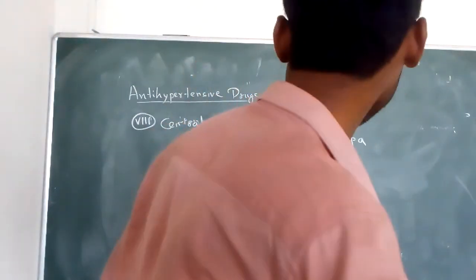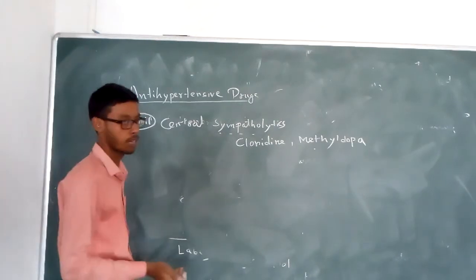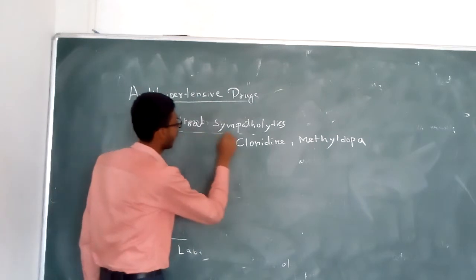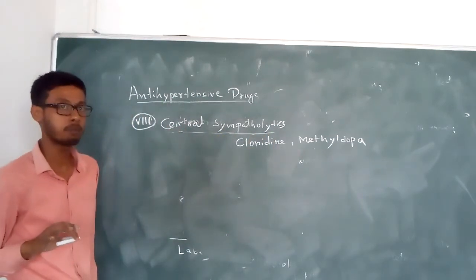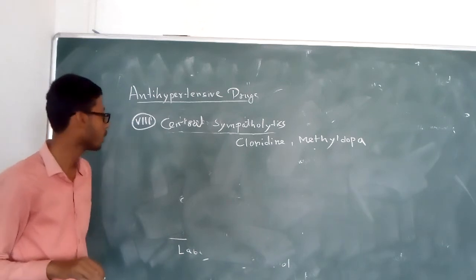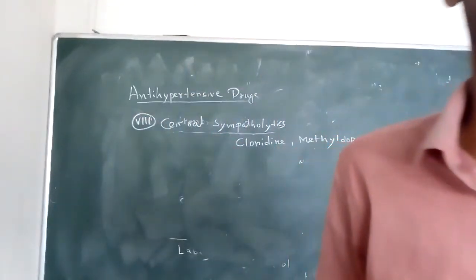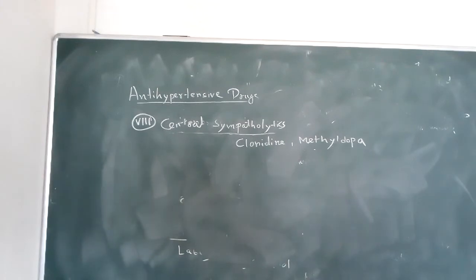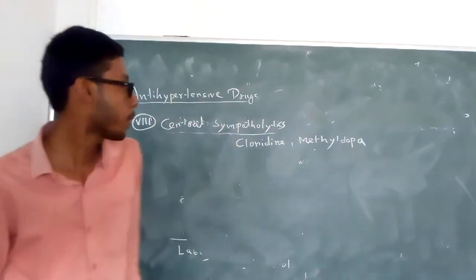Clonidine and methyldopa, how do they act for the treatment of hypertension? Central sympatholytics reduce the blood pressure by acting on the alpha 2 receptor.